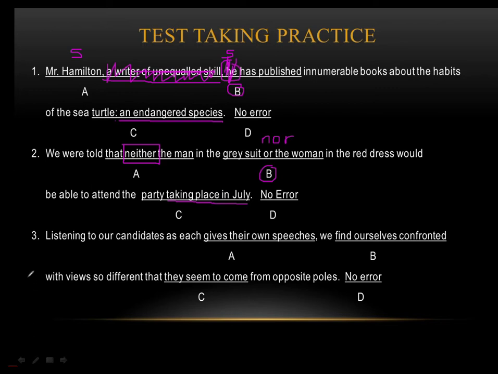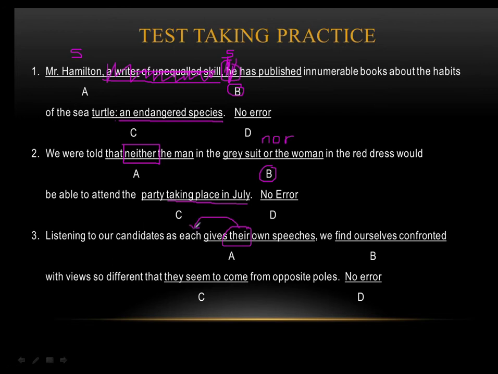Number 3, listening to our candidates as each gives their own speeches. Well, I already see the mistake there. There's a pronoun problem. Look at this. This pronoun here has an antecedent. And you know that every time you find a pronoun, you have to look for the antecedent. Here, it's each.